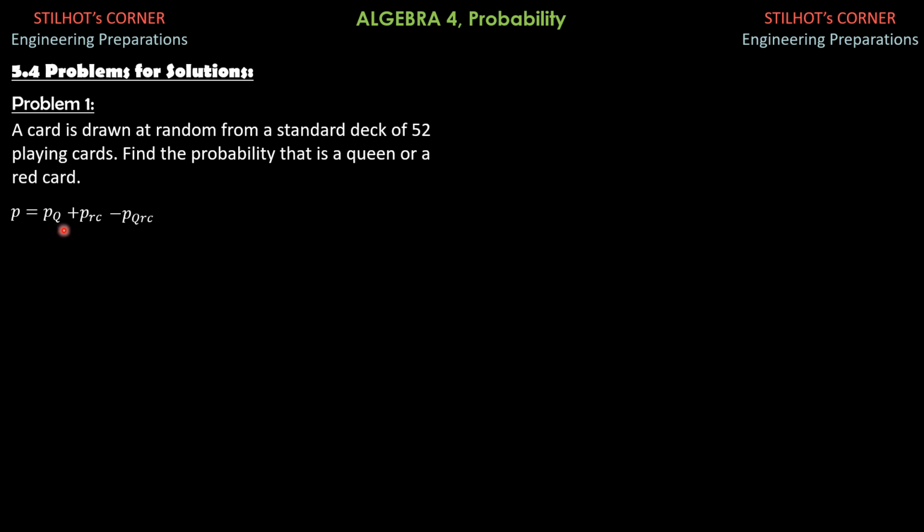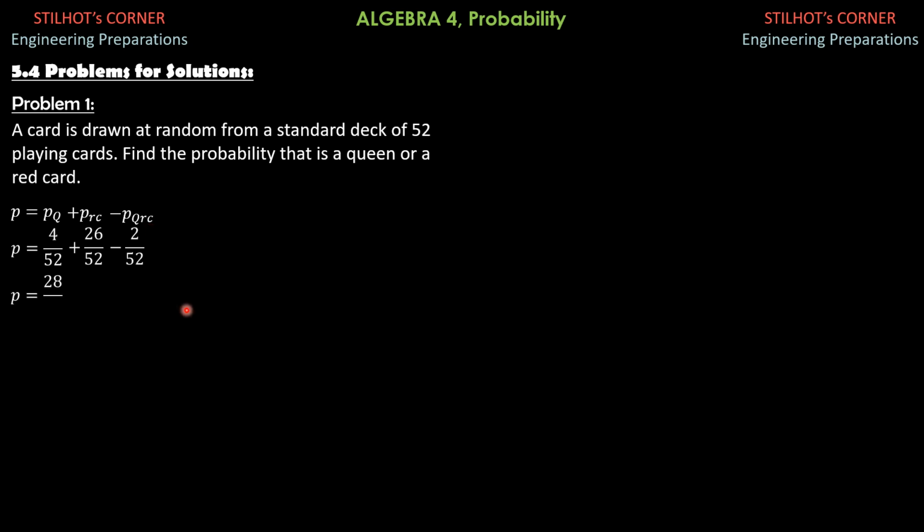So there are 4 queen cards out of 52, so probability is 4 over 52, and there are 26, 2 times 13. Each suit has 13 cards, and since there are 2 red suits, hearts and diamonds, this is 26 over 52, and there are only 2 red queens, queen of diamonds and queen of hearts, so minus 2 over 52.